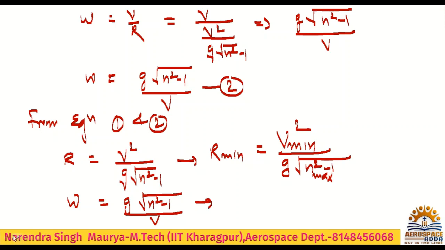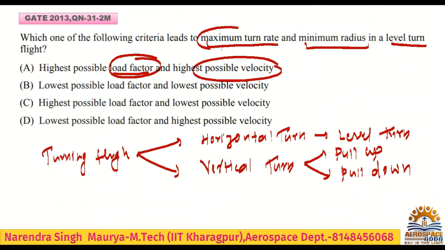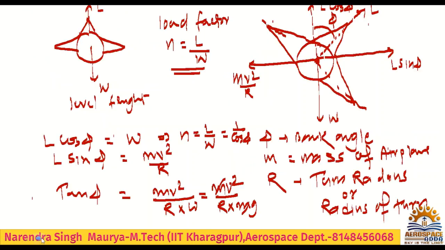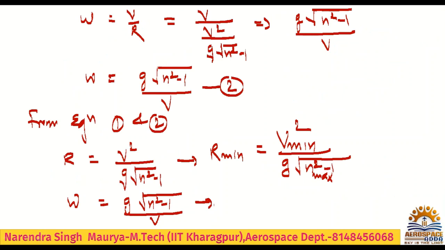And what about the turn rate? Turn rate should be maximum. So for maximum turn rate, you need to write g root of n square minus 1 divided by v, but n should be maximum because you want maximum turn rate, and omega will be max when v is min.